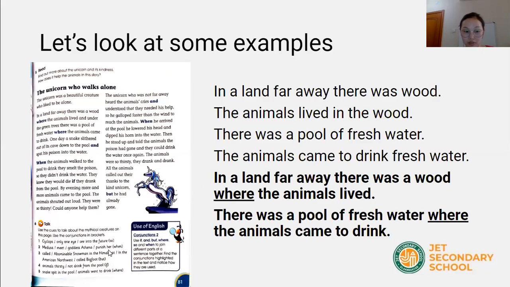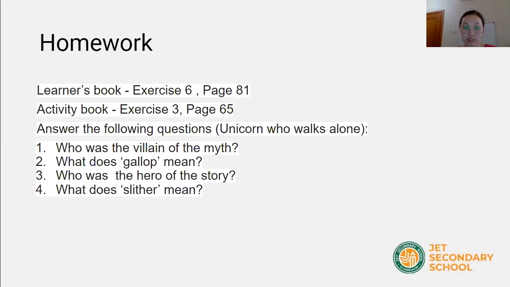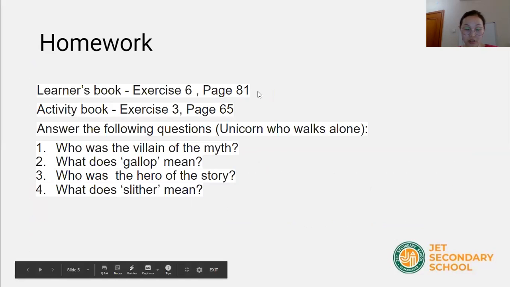You're given five sentences and asked to make a full sentence using these different parts of a sentence and the conjunctions given. That's the first homework.